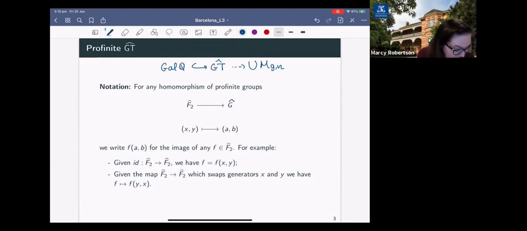So for example, if you have the identity map from F2 to F2, you're just going to write f of x, y, because x went to x and y went to y. If you take the map from F2 to itself that swaps x and y, then you write f of y, x. That's what this notation is supposed to be.